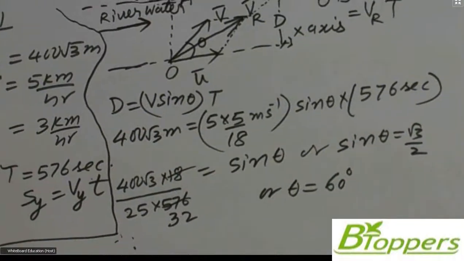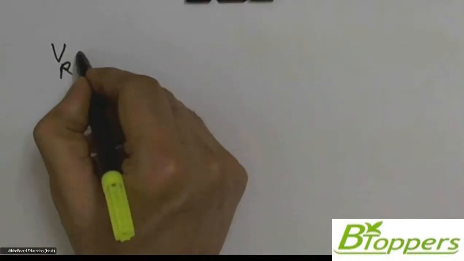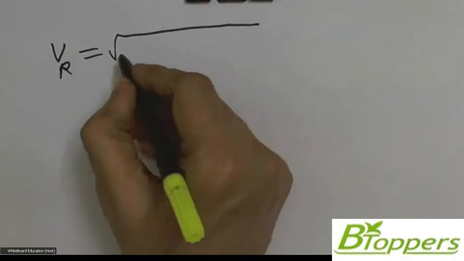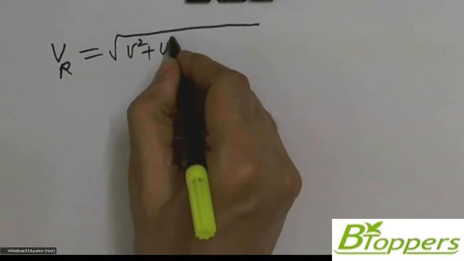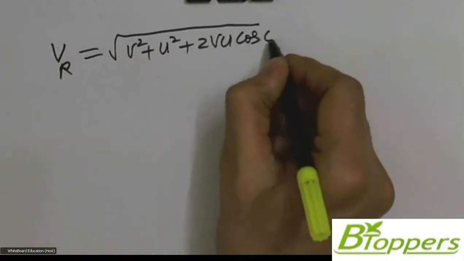You can write: from parallelogram law of addition of vectors, the magnitude of the resultant of v bar and u bar is root of v square plus u square plus 2vu cos theta.